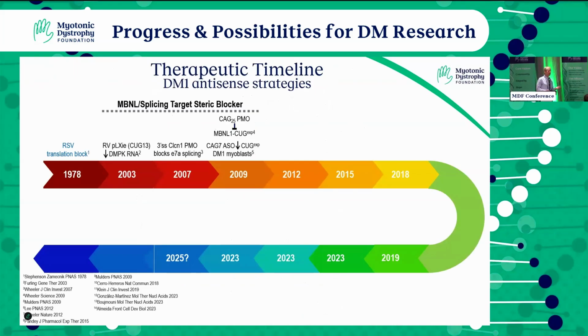So, history. This is history, and it's not meant to boggle your mind, but it is an interesting history. I start off with RSV, which, by the way, is not respiratory syncytial virus. In 1978, it was Rous sarcoma virus.